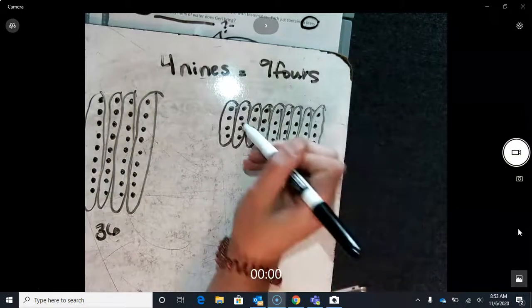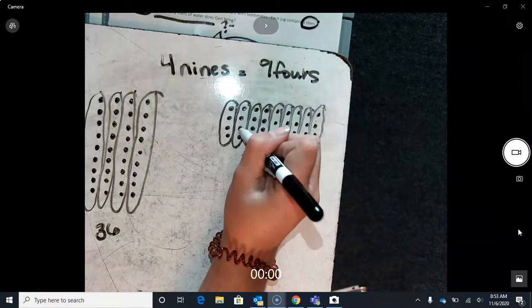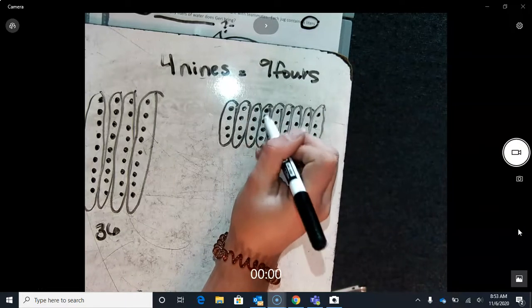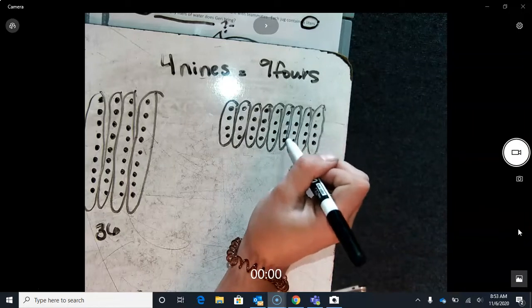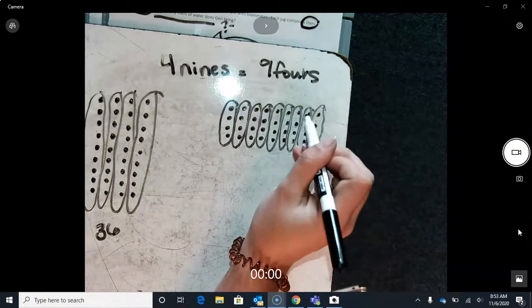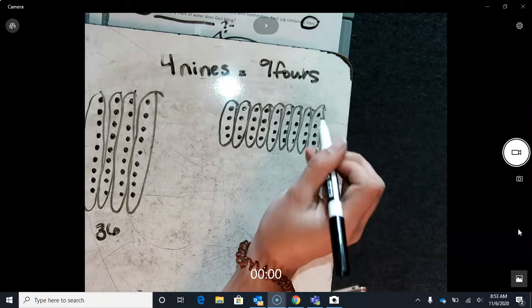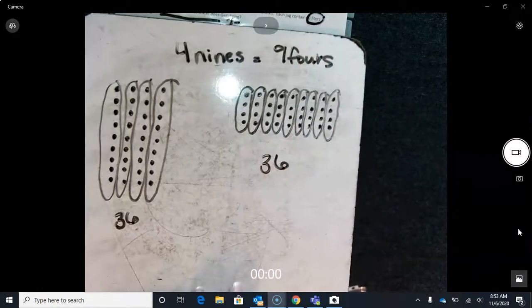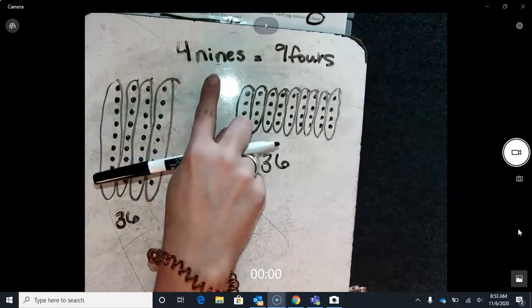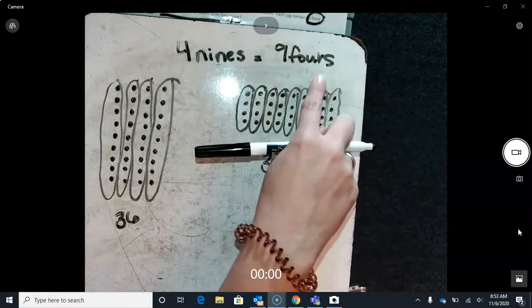And now let's check 9 fours. 4, 5, 6, 7, 8, 9, 10, 11, 12, 13, 14, 15, 16, 17, 18, 19, 20, 21, 22, 23, 24, 25, 26, 27, 28, 29, 30, 31, 32, 33, 34, 35, 36. All right, because of the commutative property, we know that 4 9s does equal the same thing as 9 4s.